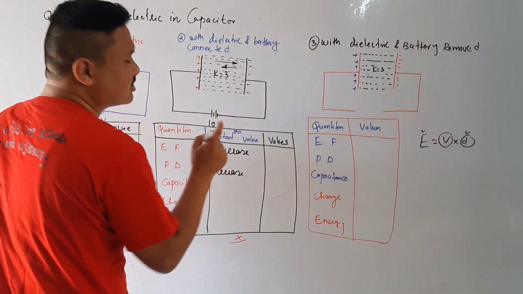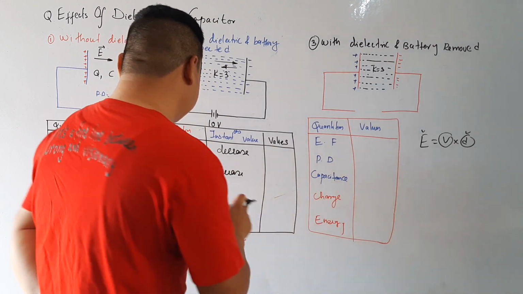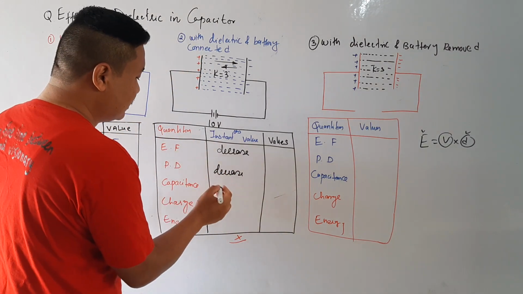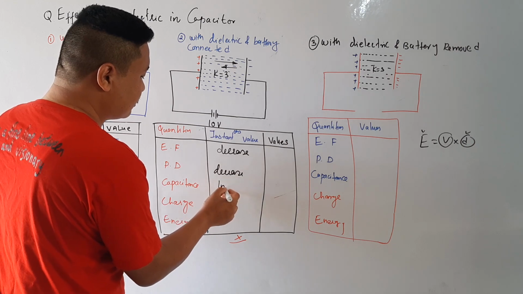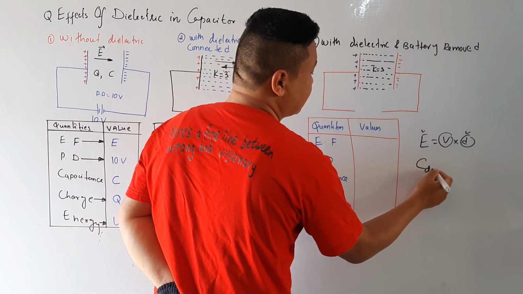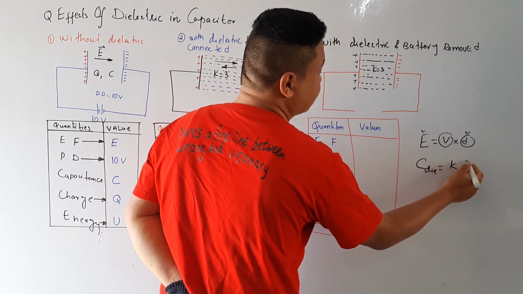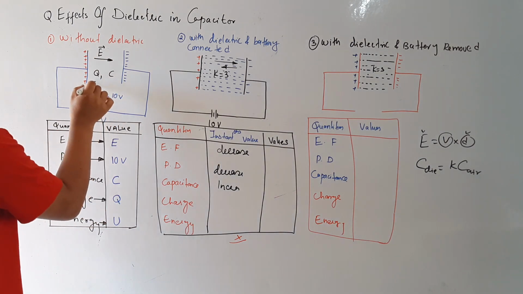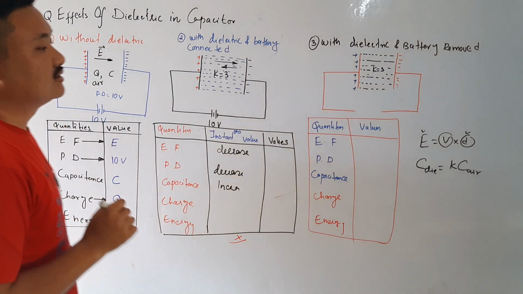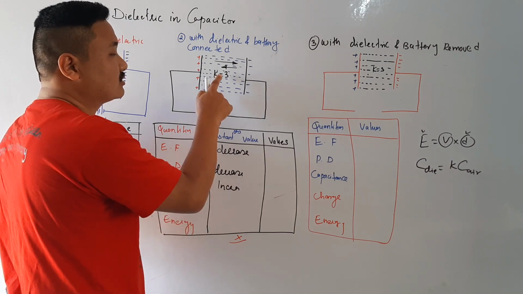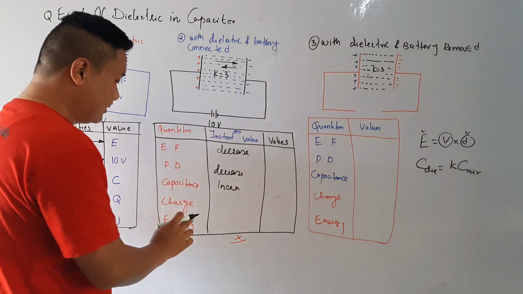This is instantaneous. Capacitance will always increase, because we know the capacitance with dielectric is K times the capacitance with air. Here it was air, so the capacitance increases K equal to 3 times.